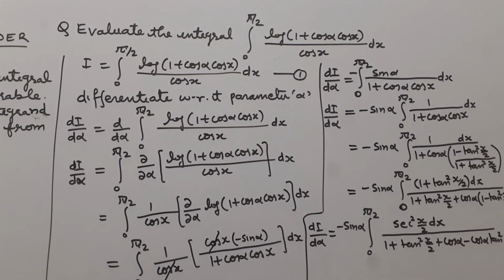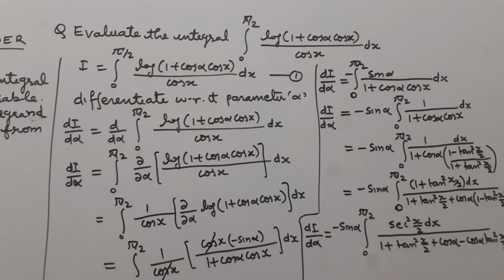Here we open the bracket and multiply by cos alpha. So cos alpha multiplied by 1 we get cos alpha, and minus cos alpha multiplied by tan square x by 2 we get minus cos alpha tan square x by 2.